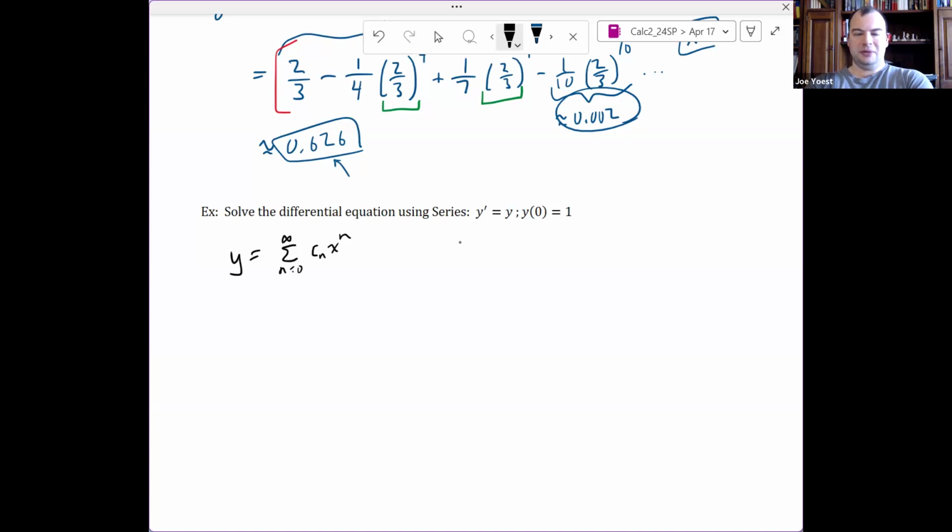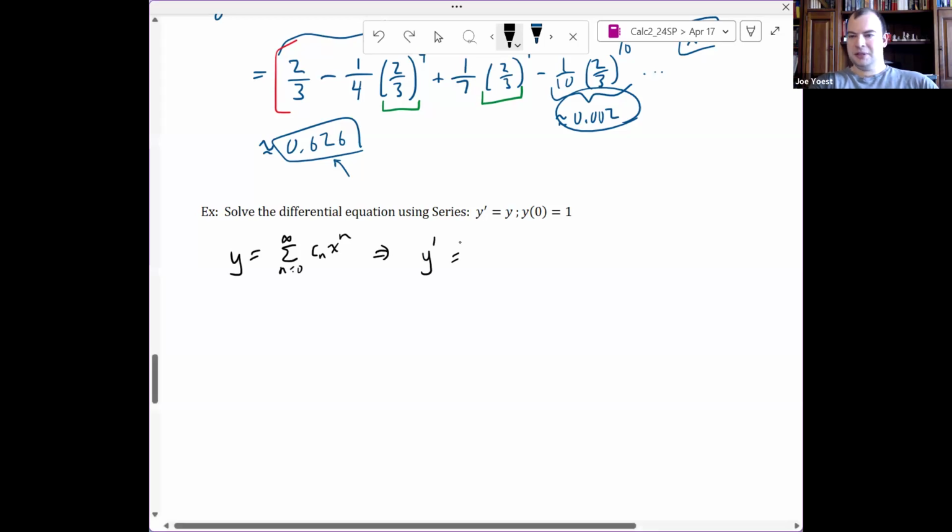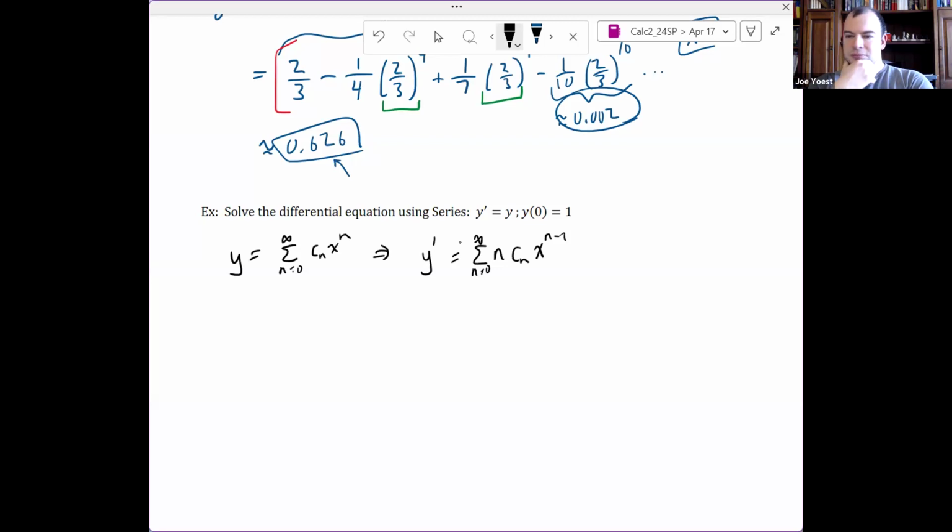Well, I need y prime equals y. That's my criterion. So let's suppose that we're on the interval of convergence. Then y prime is the sum from n equals 0 to infinity of n Cn x to the n minus 1. I might notice in y prime that my n equals 0 term is just 0 C0 x to the, well, x to the minus 1.